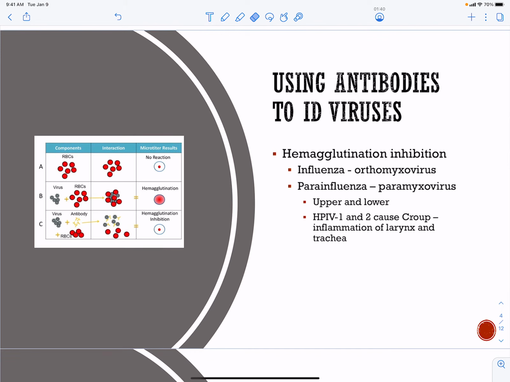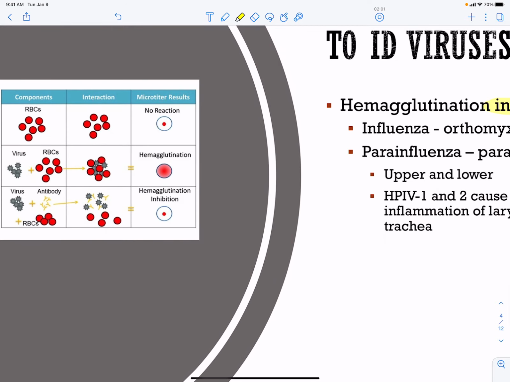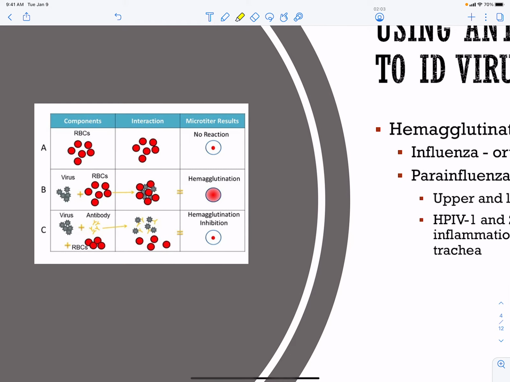And antibodies are going to be used in different types of reactions. First, we're going to talk about our hemagglutinin inhibition assay. The inhibition part is going to be your antibodies. As I mentioned before, you can do agglutination.